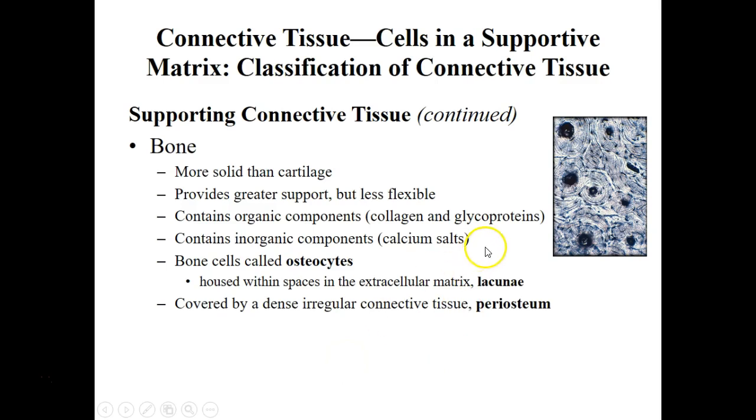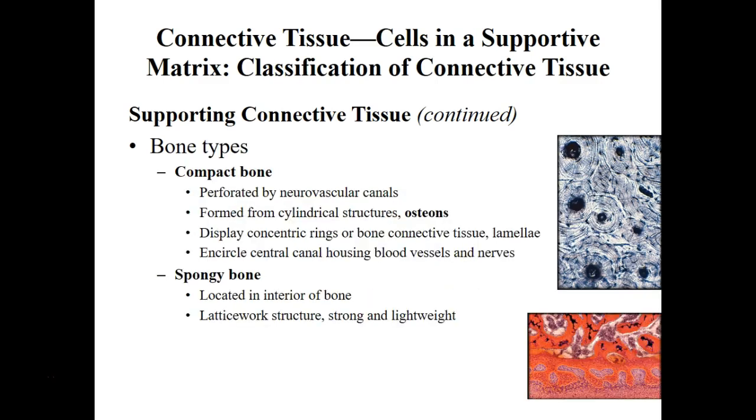And within the osteon, we have tiny little osteocytes. So each of these little specks, these are where the osteocytes sit. And kind of interesting, they all sit in little tiny spaces within the matrix called lacuna, just like your cartilage. Bone has a dense irregular connective tissue surrounding it called the periosteum.